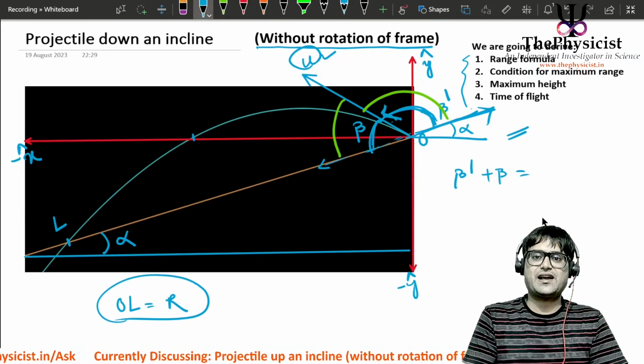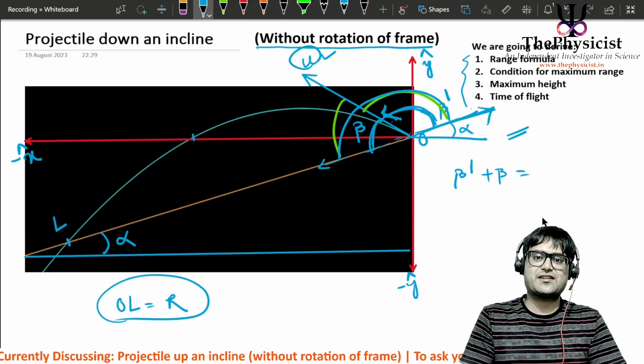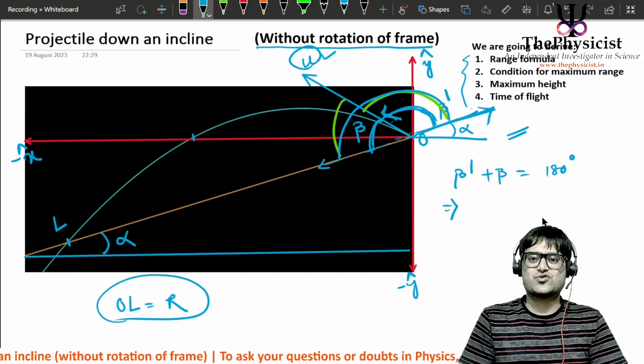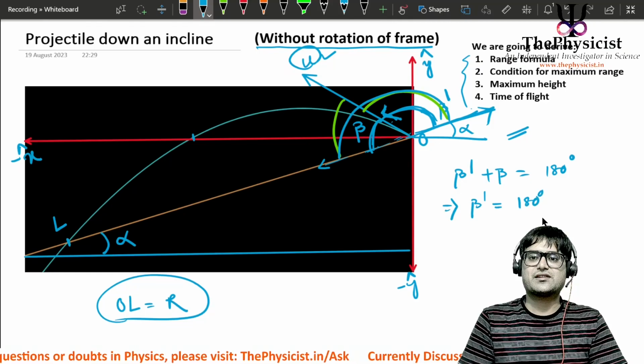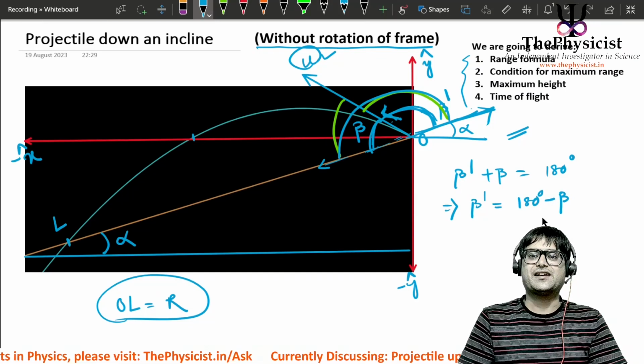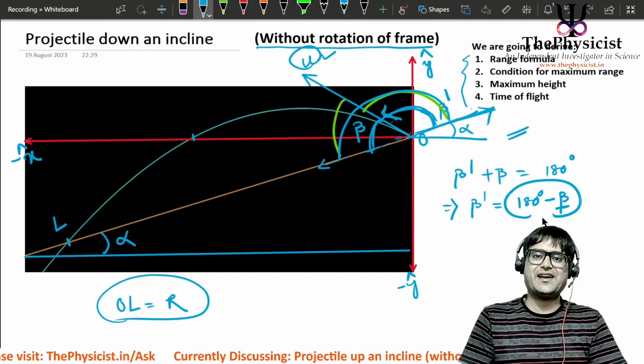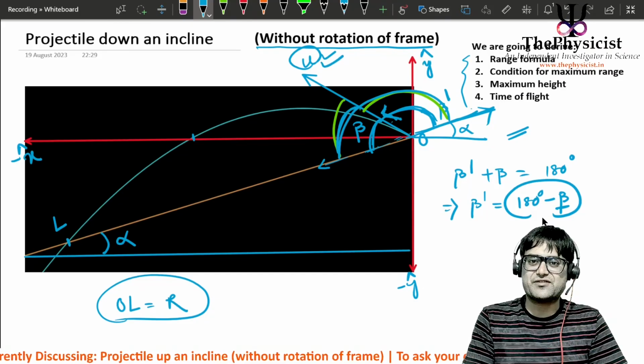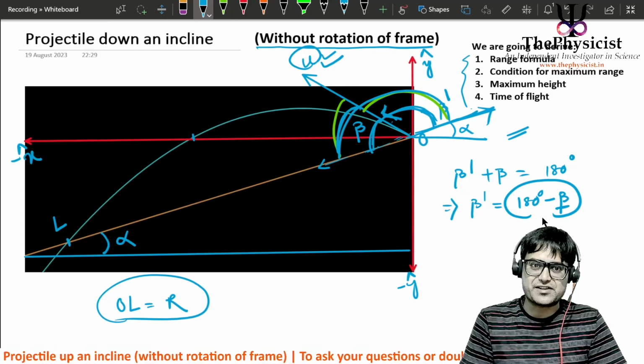You see, beta dash plus beta together they make 180 degrees, right? So all you need to do is to say that beta dash is equal to 180 degrees minus beta. That's it. Now, this beta here is the angle that is given in the problem, right? That is the angle that the initial velocity makes with the down the incline direction.